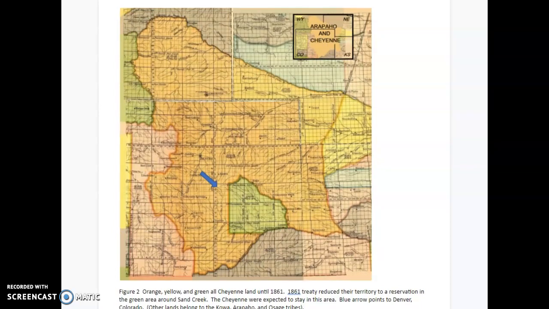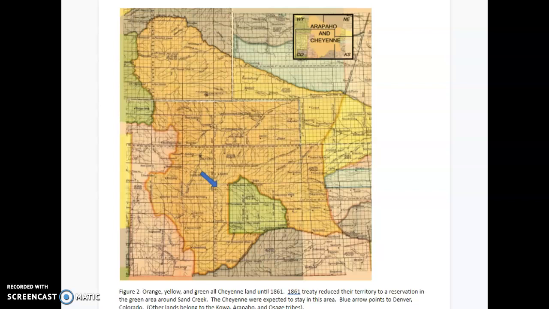This is another view, in fact, a close-up of some of this land, especially land that was considered tribal territory of the Cheyenne and the Arapaho. And these shades of orange and yellow and green all were tribal land until the Fort Laramie Treaty was revised in this area in 1861.